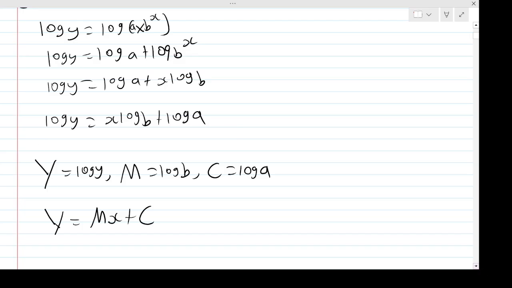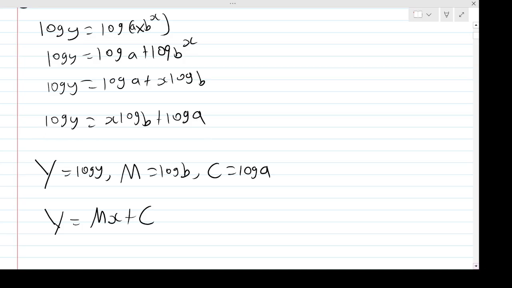With these variables, we can plot log y, which is my dependent variable. That's basically y, but now log y. x is still x. Log b is the gradient, and log a is the plus c at the end. You can spot that this is a straight line equation.